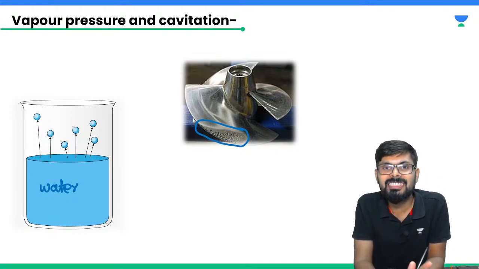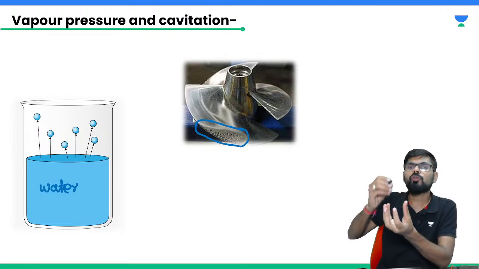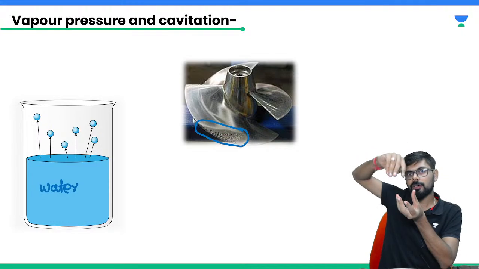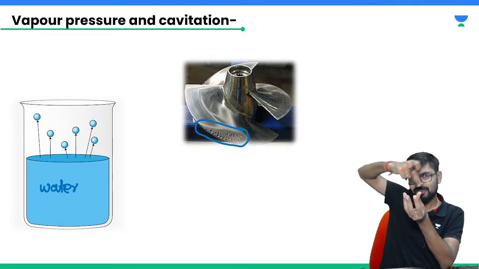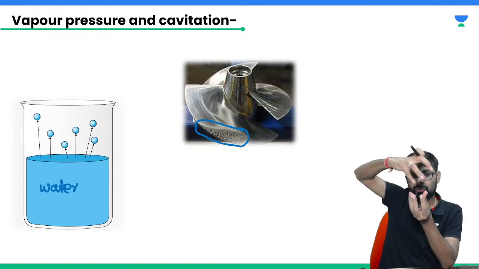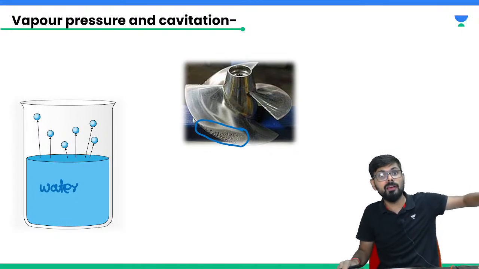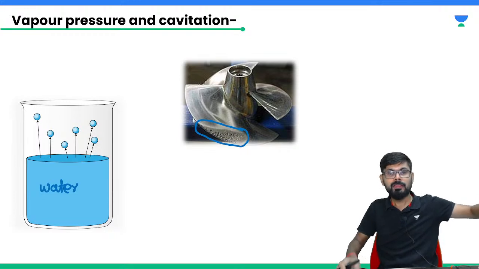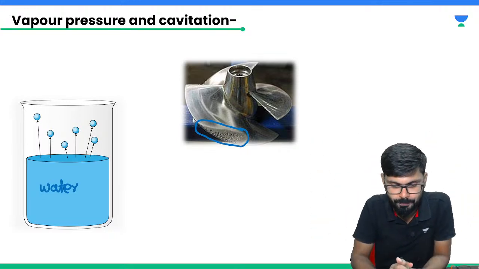Very simple logic: surface area. These molecules evaporate only from the top surface layer. In case of a glass, the surface area is very less, so the rate of evaporation is also very less. If you throw it on a surface like the floor, surface area will increase, and the rate of evaporation will increase.